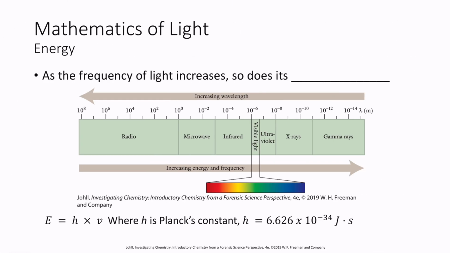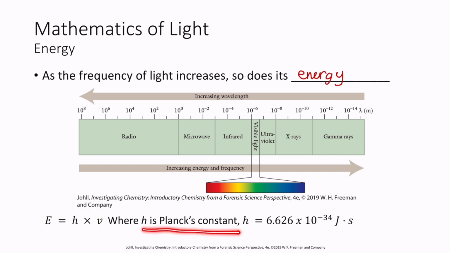Now, as the frequency of the light increases, so does the energy. So if I have a shorter wavelength, meaning my frequency is increasing, then my energy is also going to increase. So we have these equations down here. Energy is equal to H times nu.